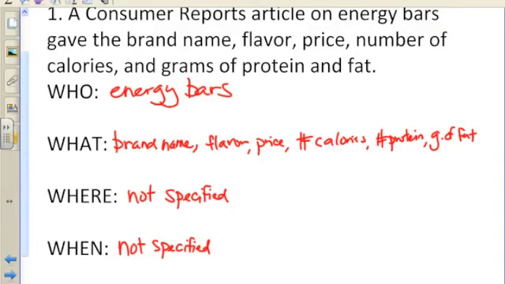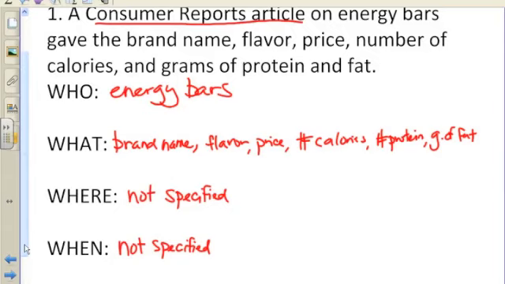The why can be one of the most challenging questions. As I read through that story problem, it does not tell me why I gathered information about energy bars. All I know is that it was a Consumer Reports article. So, well, I'm going to use what I know about Consumer Reports.